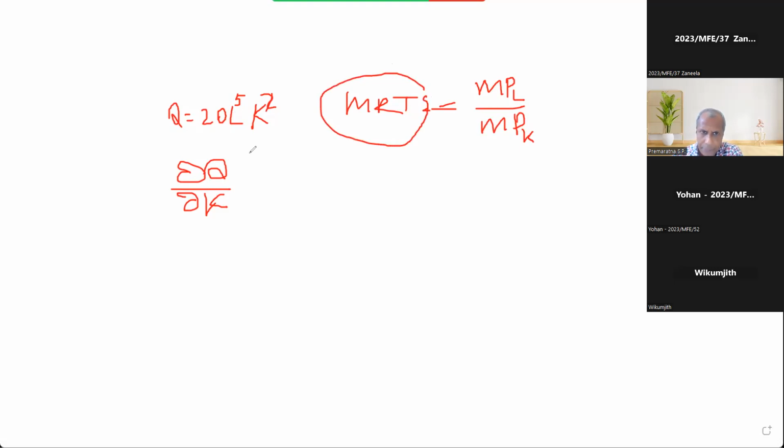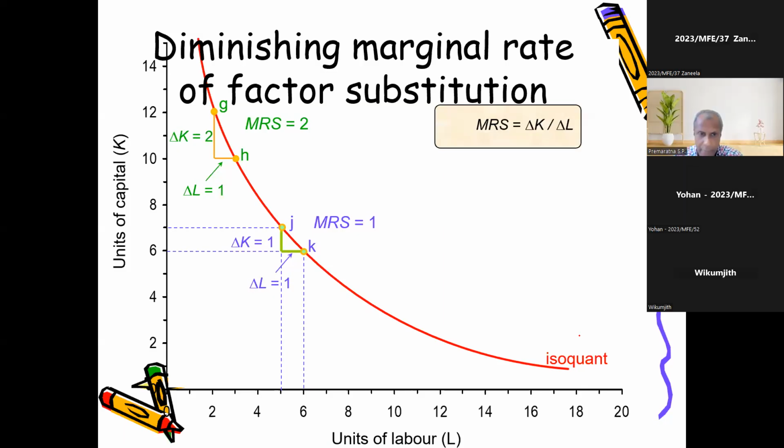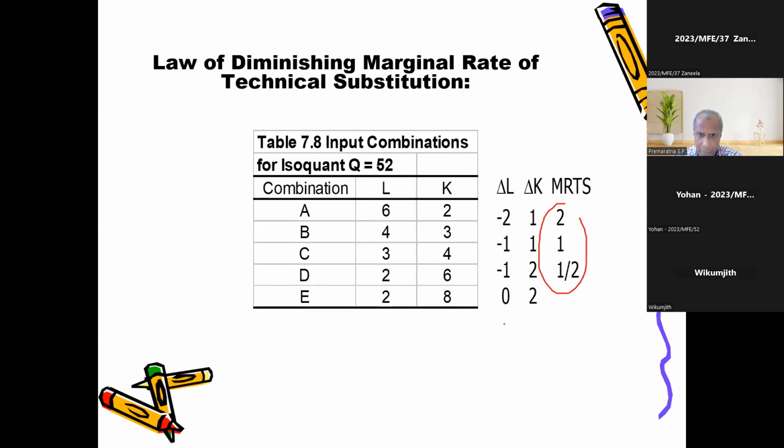We did one exercise there, if I remember. We found the MRTS somewhere here, somewhere in the middle, and somewhere down also. The decreasing MRTS we noticed, something like this.